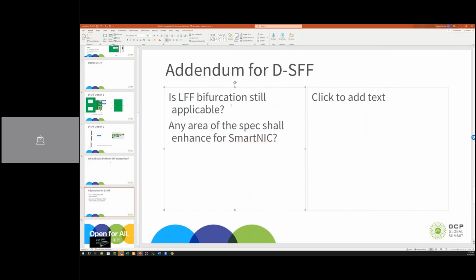Yes, my line. Instead of having a double small form factor, how about we consider stacking two small form factors and have a portable connector to make 32 lanes?